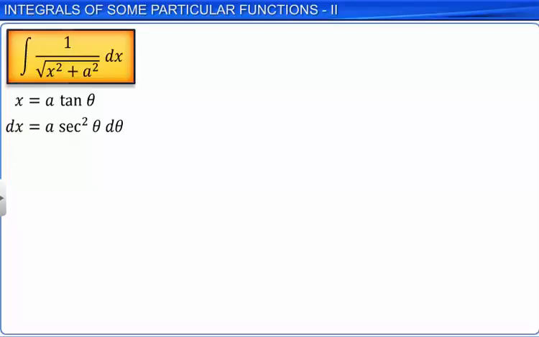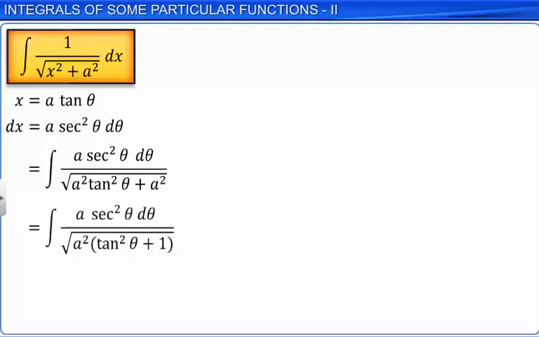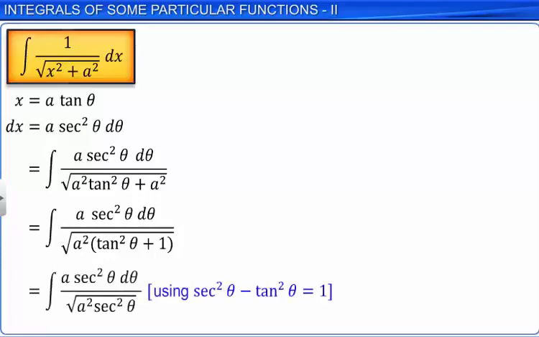Substituting the values of x and dx in the integral, we get the expression as shown. Now, the denominator can be rearranged by taking a square common among the terms. By using the identity secant square theta minus tan square theta is equal to 1, the denominator can be represented as square root of a square secant square theta.